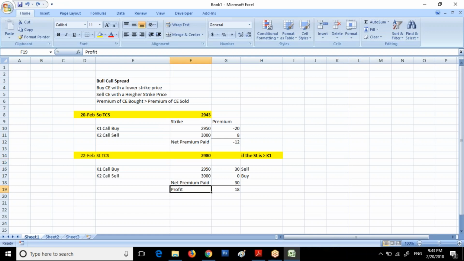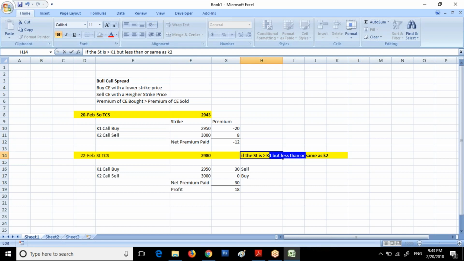So here the spot price is almost 2,980, and K1 comes to 2,950. So the difference, 30, is the payoff. In the first example, I can correct it: if ST is greater than K1 but less than or the same as K2.